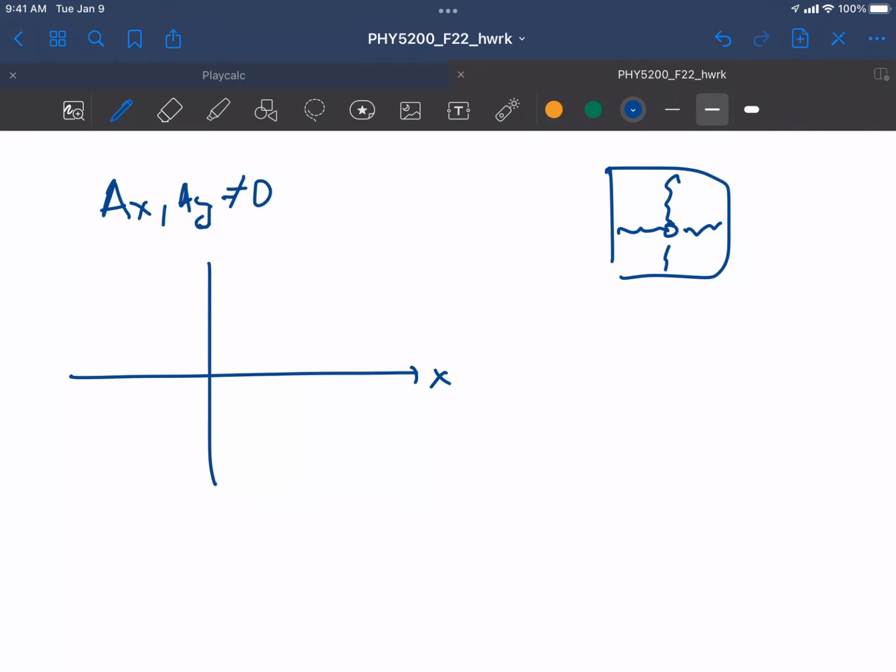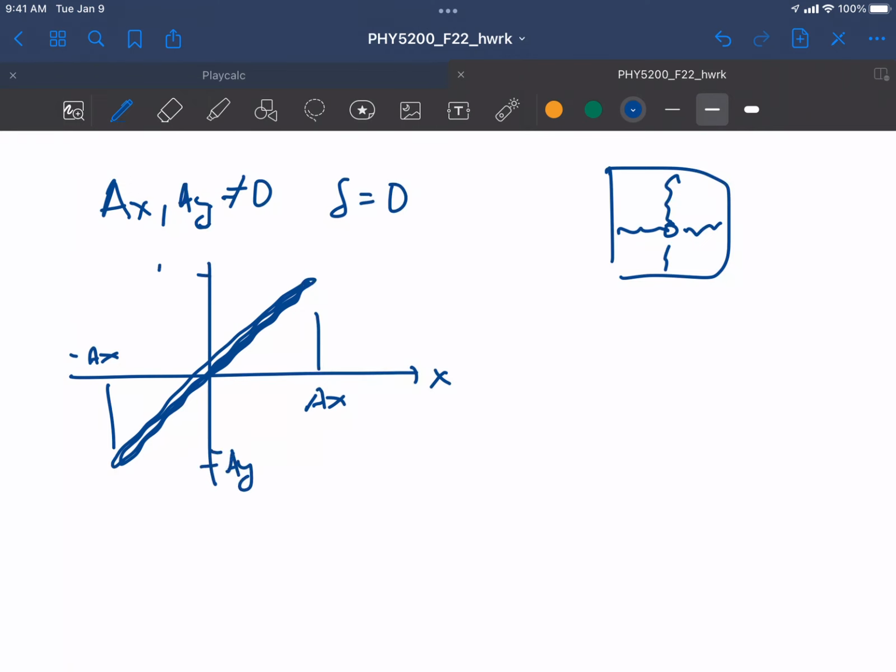If ax and ay are not 0, but this delta quantity is 0, that means that the x and y motion are in phase, and the object is basically oscillating like this along this diagonal, and it moves between plus ax and minus ax and minus ay and plus ay.